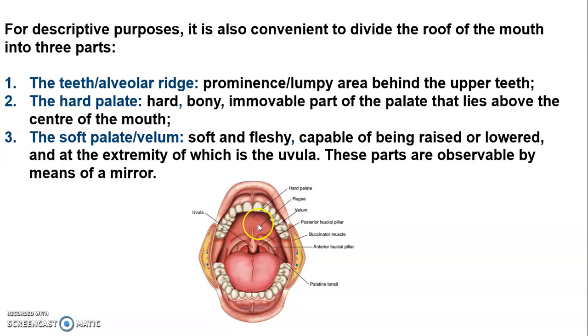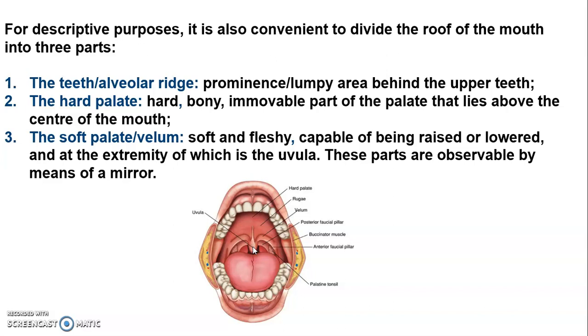The hard palate is hard because it's bony, it's made of bone, immovable, and it lies above the center of the mouth. And the soft palate is that soft and fleshy area capable of being raised or lowered. And at the extreme end of the soft palate, we have the uvula.